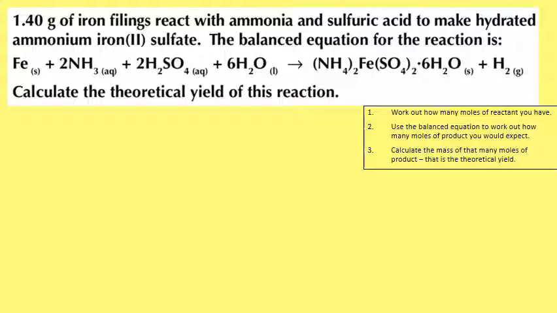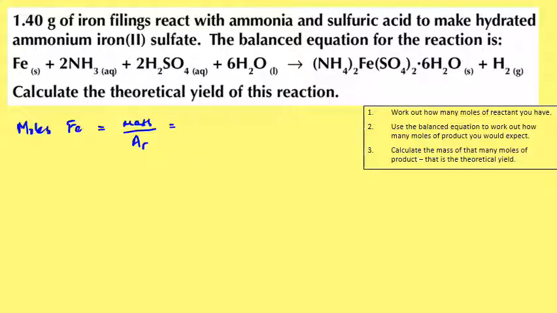The important reactant is iron, and we're given the number of grams of iron. So the first thing we're going to do is work out the moles of iron. You'll remember that moles equals mass over, in this case, AR, because it's an element, the relative atomic mass.